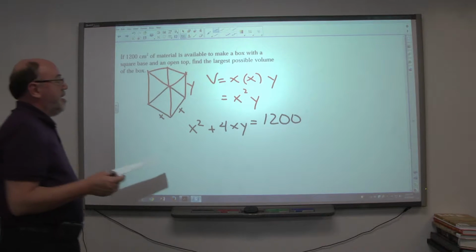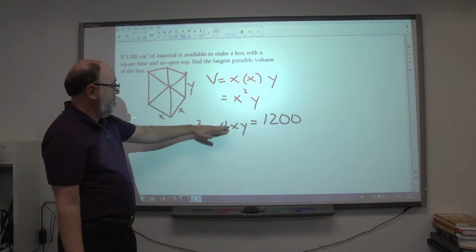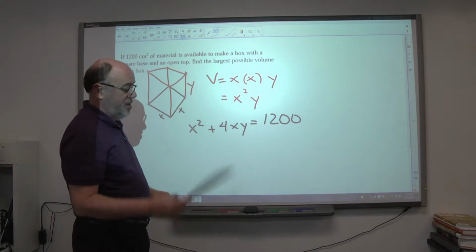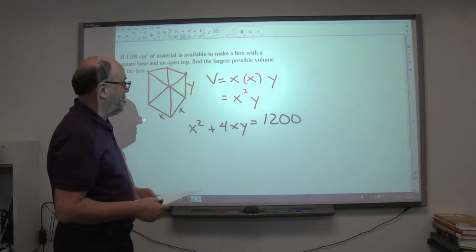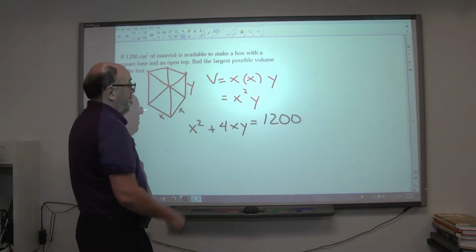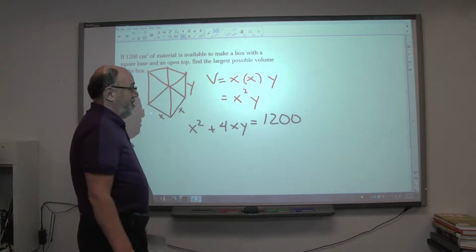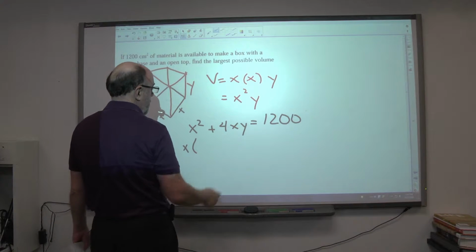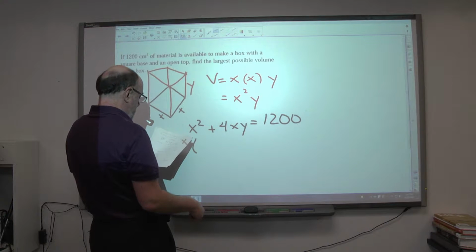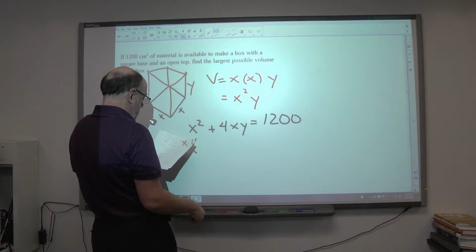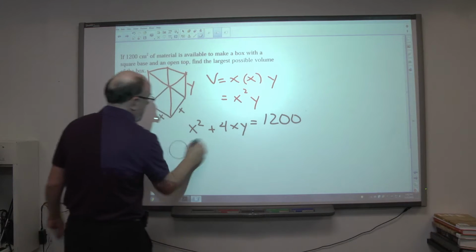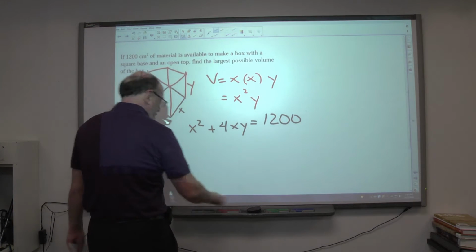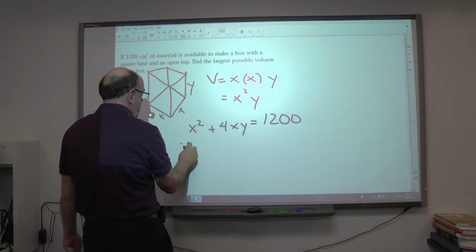So now we want to take this equation, solve it for one of our variables, and then be able to plug it into our volume equation. We're going to solve this for y. So we're going to subtract x squared.